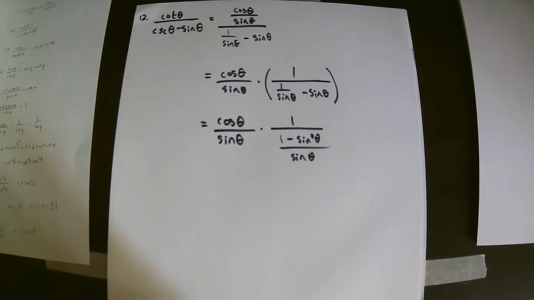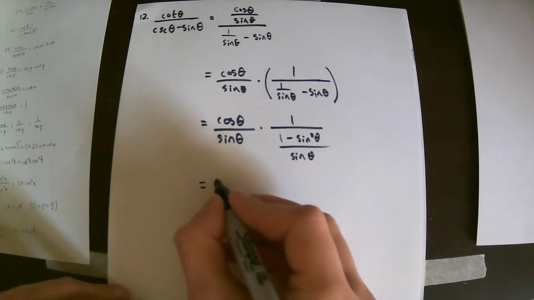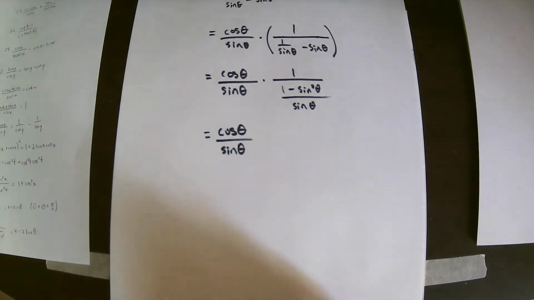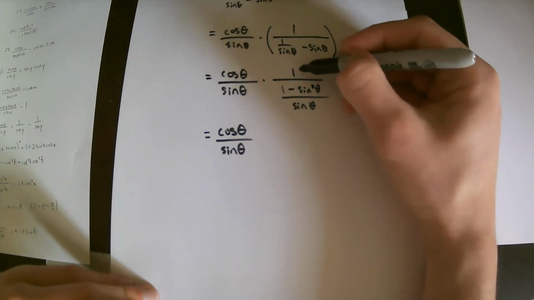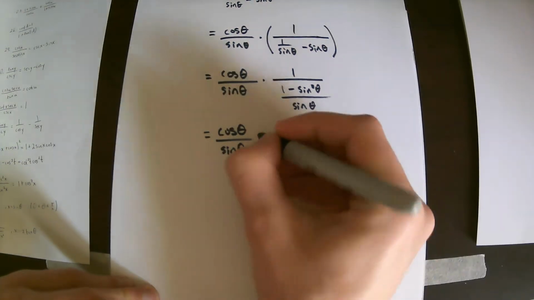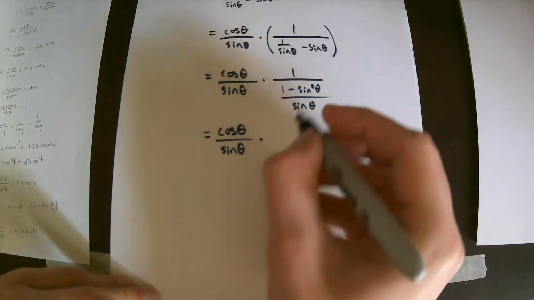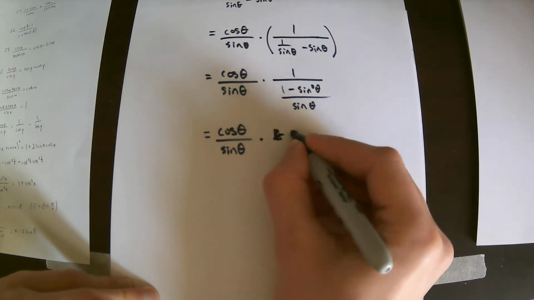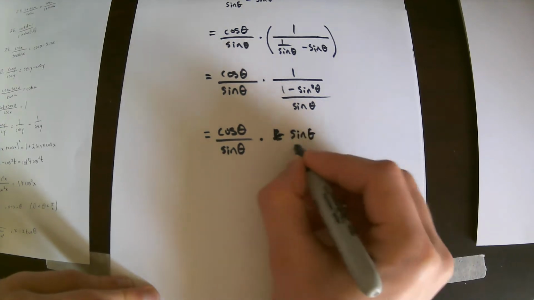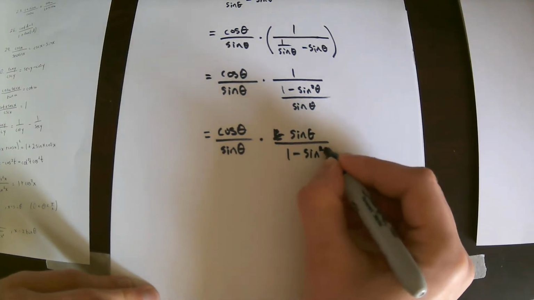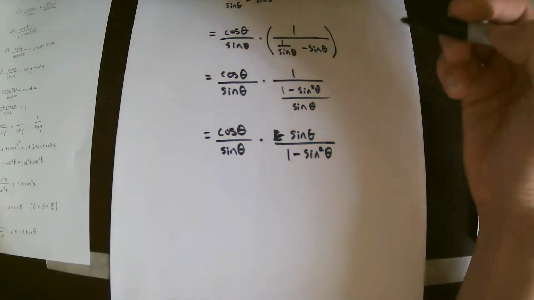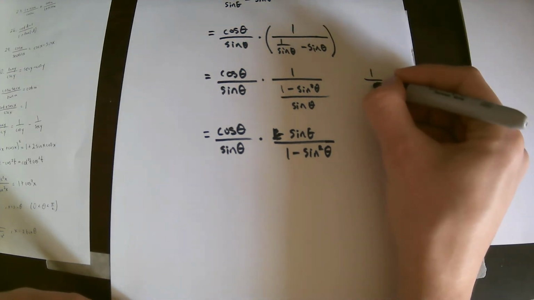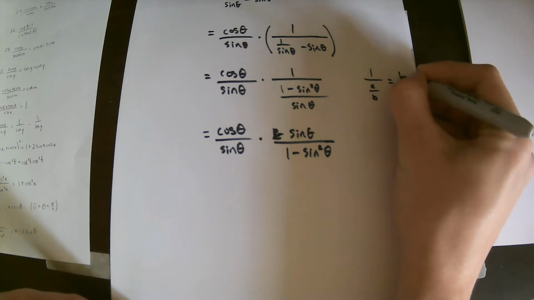Sometimes the algebra with the fractions gets a little bit weird, but multiplying by 1 divided by all of this is going to be the same as sine theta over 1 minus sine squared theta. 1 over some fraction like a over b is equal to b over a.